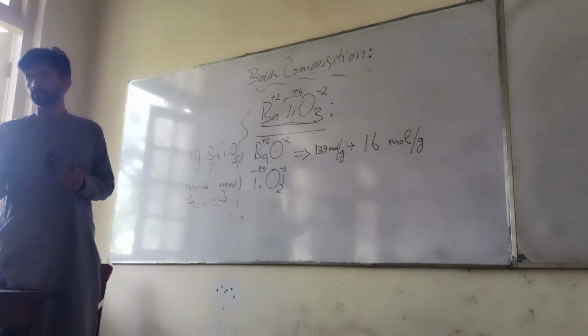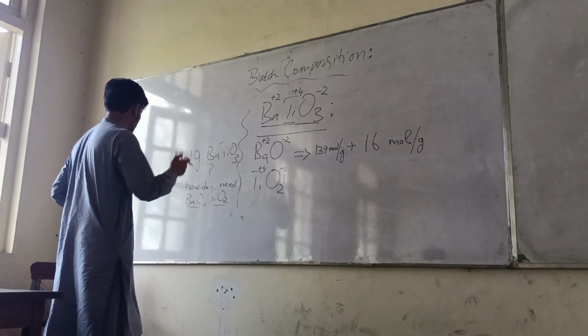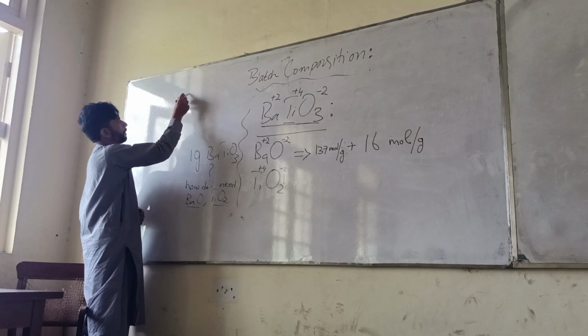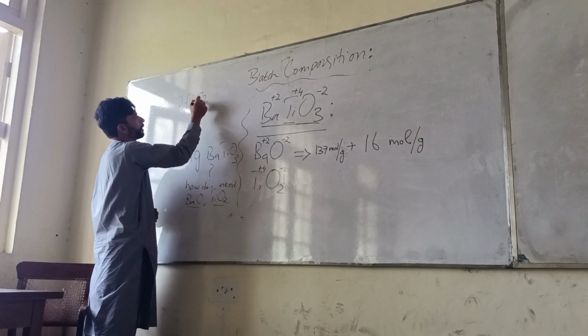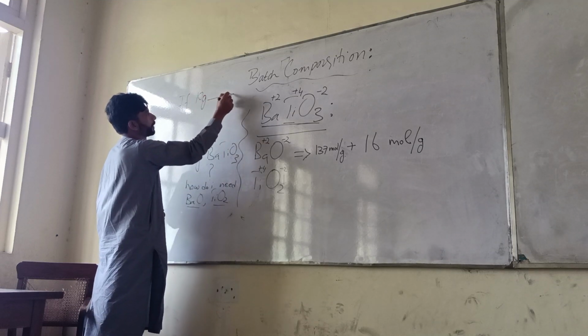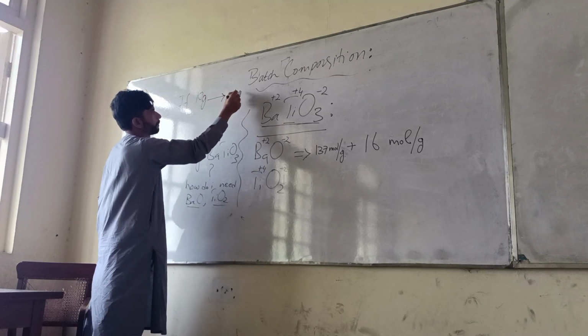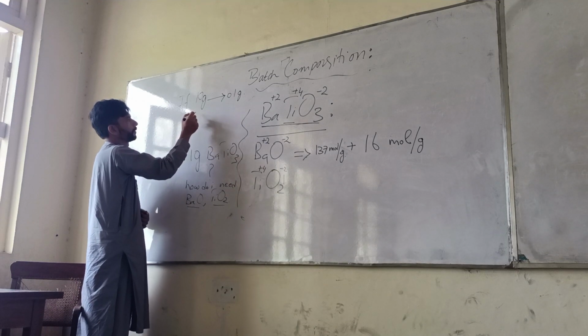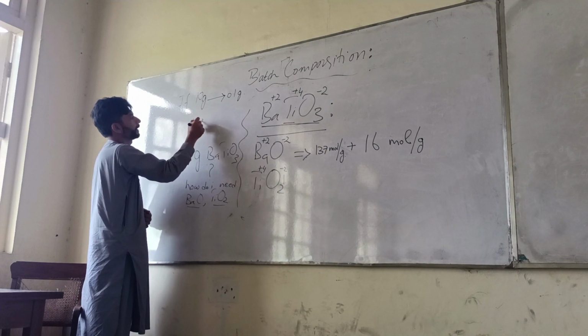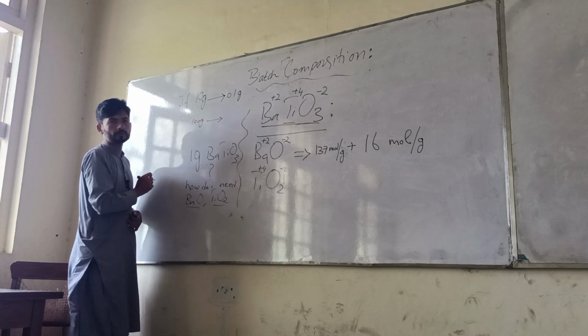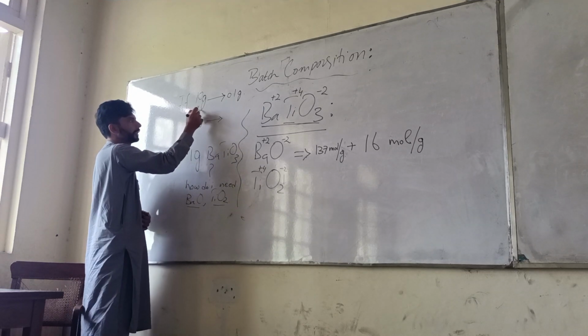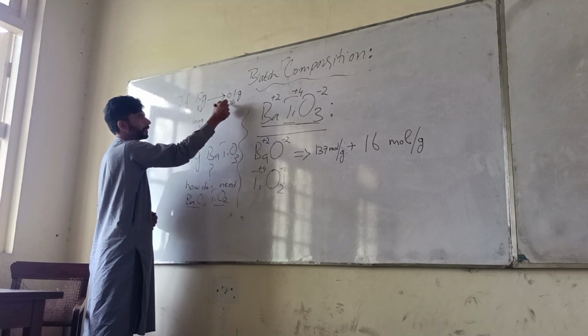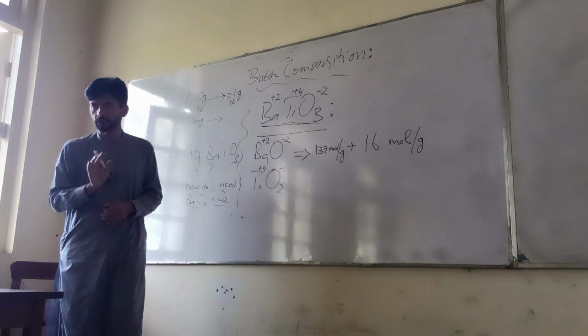That is the question. If for 10 grams the requirement is 0.1 gram, how much for 100 grams? Just multiply this by 10 and this by 10. Yes. You can do it this way as well.